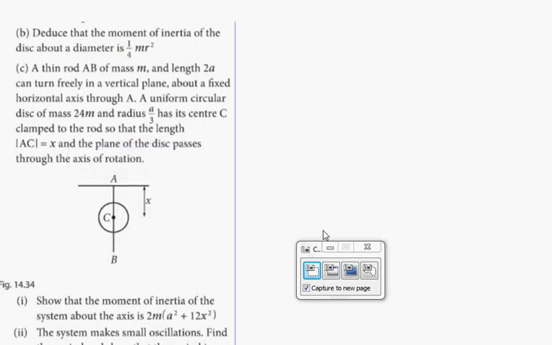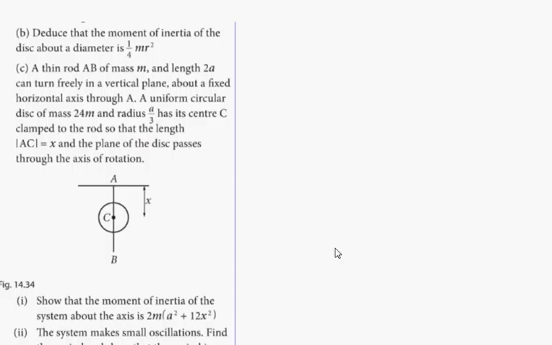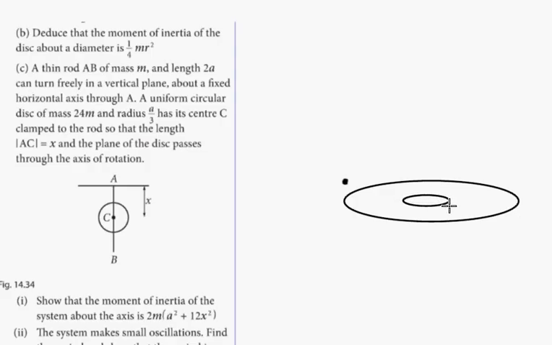So deduce that the moment of inertia of a disk about its diameter is a quarter mr squared. Now, just a quick bit about the language there. If you imagine I had an ellipse like so, and a second ellipse, almost like a CD.